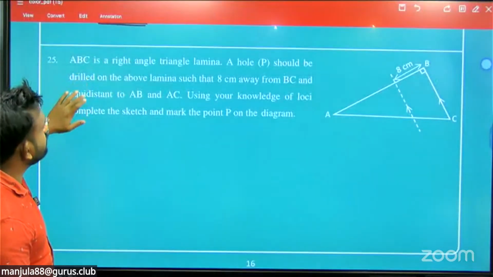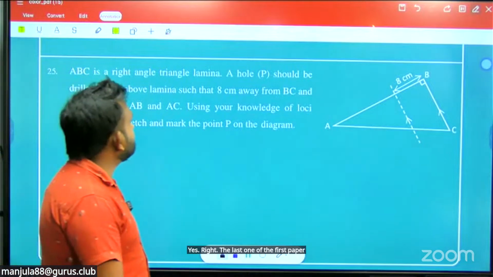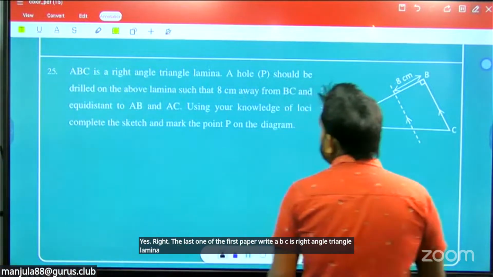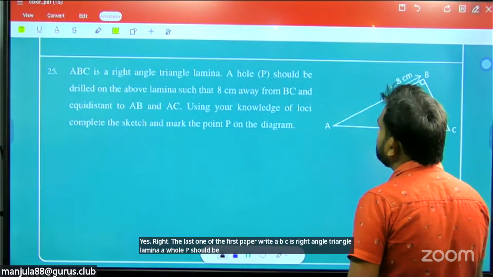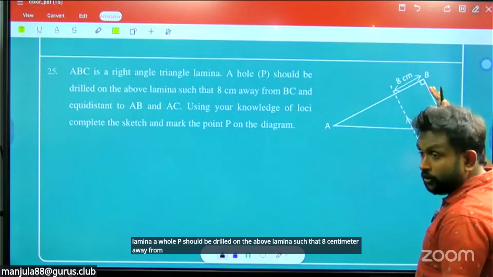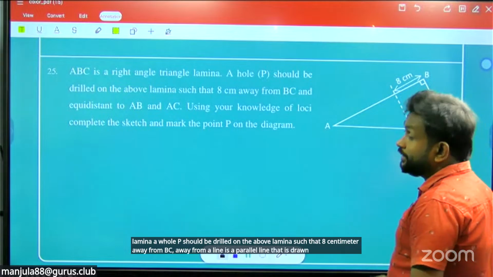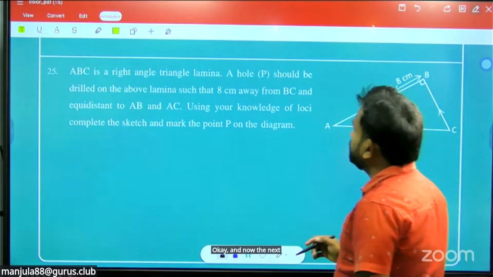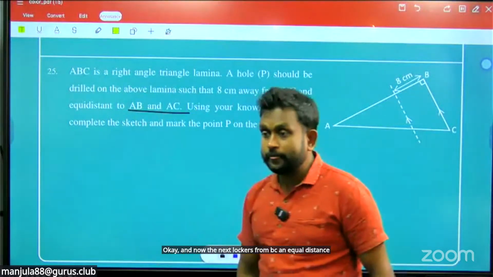Right. The last one of the first paper. ABC is a right angle triangle lamina. A hole P should be drilled on the lamina such that it is 8 centimeter away from BC, a parallel line that is drawn. And the next locus is equidistant to AB and AC.